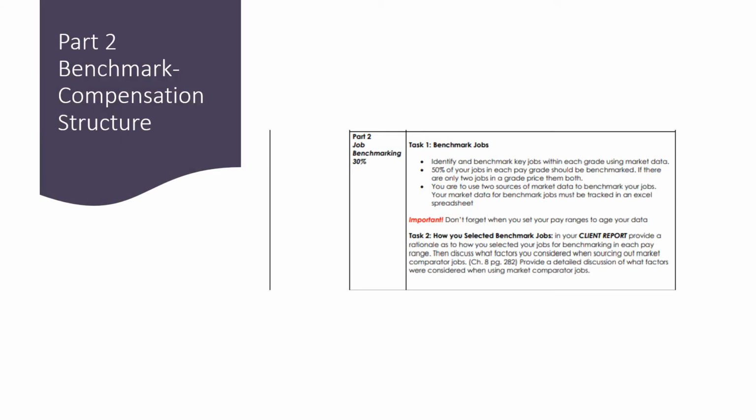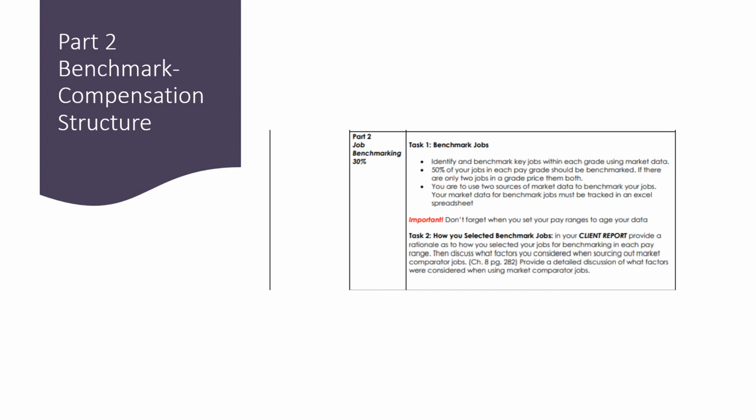So part 2 is benchmarking your compensation structure. So as I said in the previous slide, the midpoint of your pay range is established by benchmarking. So in this assignment, you have to identify the benchmark jobs for each pay grade using market data.